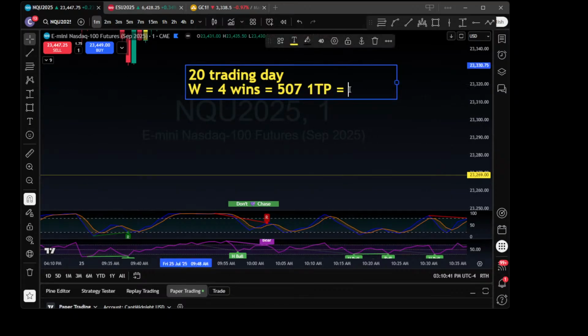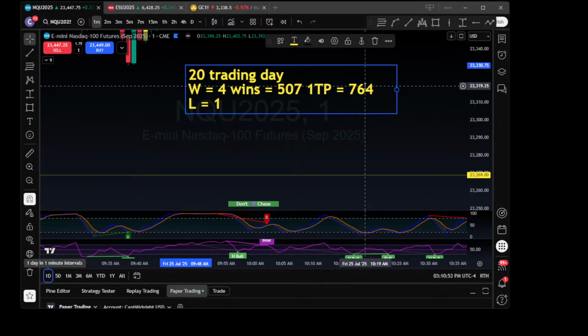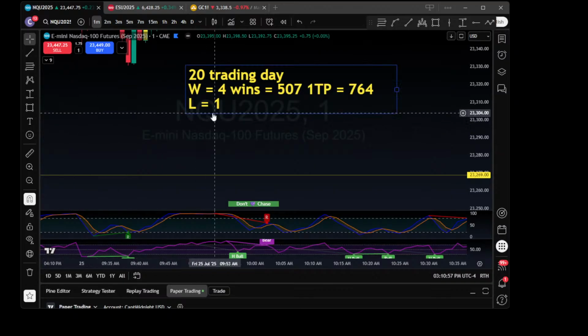There's my problem right there, is that I don't let it run for those 764 ticks. Okay, and then we had losers of 1 for 67 ticks.